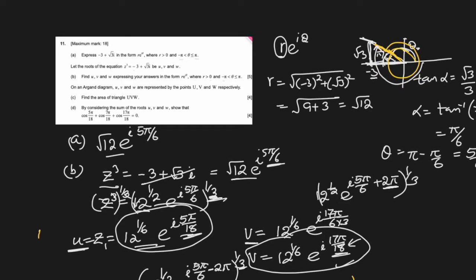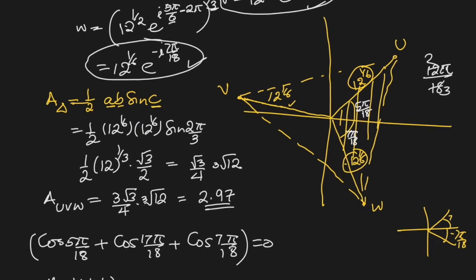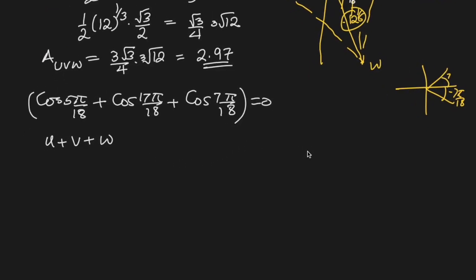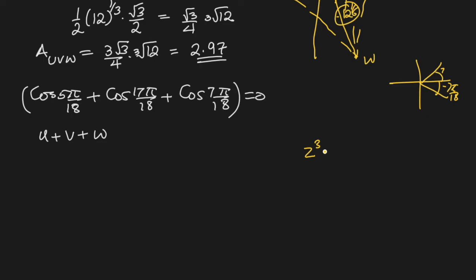Z cube equal to negative 3 plus square root 3i. Let's make a cubic equation out of this. Z cube plus 0 z square, since there is no z square, plus 0 z as well, but we have a constant part, which becomes positive 3 when it goes to the left side, minus square root 3i, equal to 0.